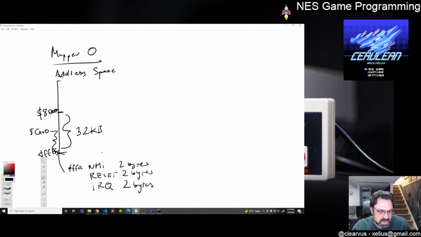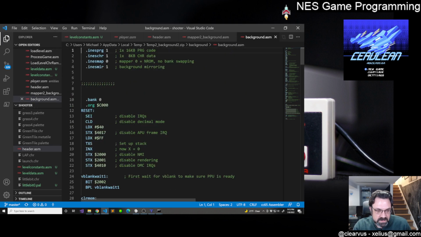And so basically the 6502 powers on, it goes to this address, and it looks to see what is the value that is here. And whatever that value is, it sets the program counter to go to it, and then it starts executing the code there. So in code like this, we have this reset label starting at C000, and the reason it starts at C000 is because we have only one 16K bank defined in the code here, in this example that the Nerdy Nights tutorial gives you.